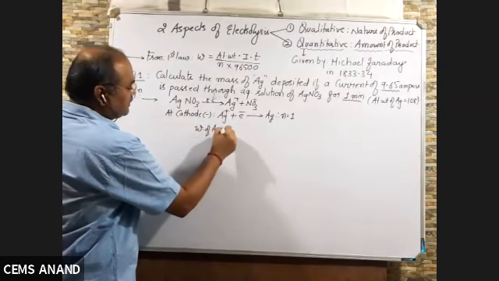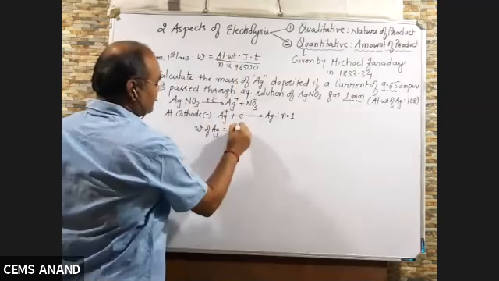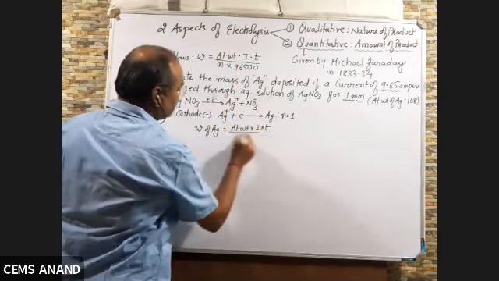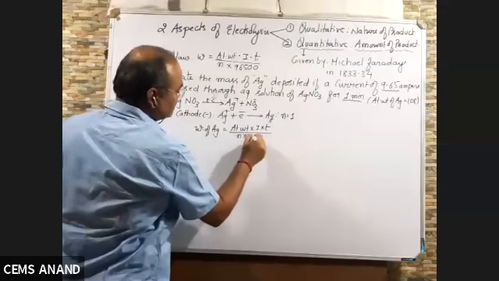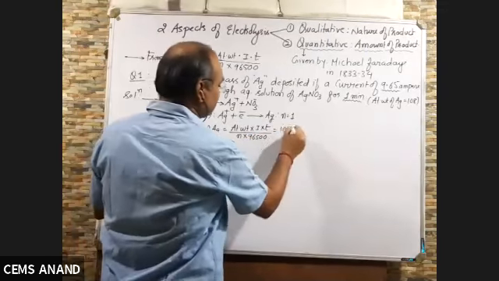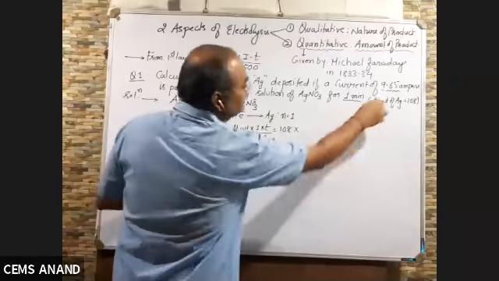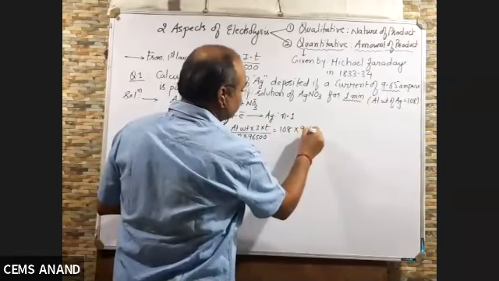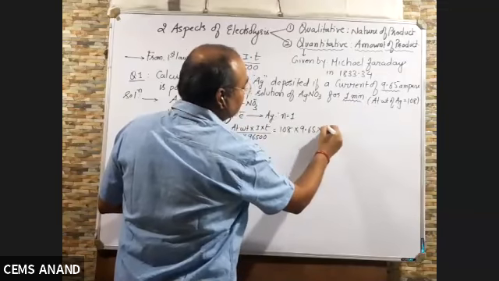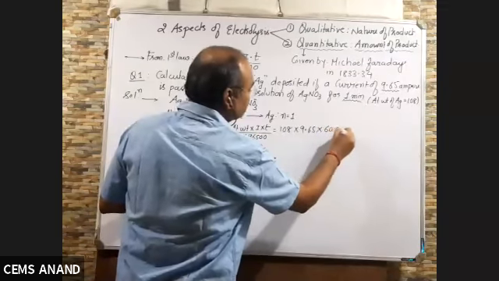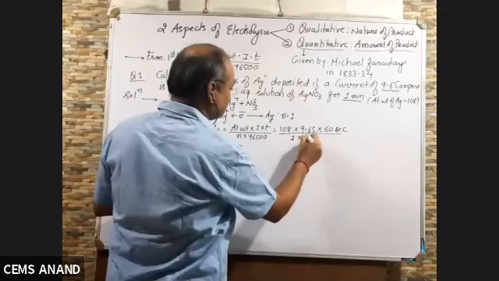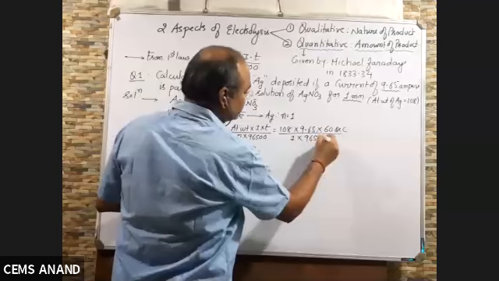Weight of Ag is equal to atomic weight into I into T divided by N into 96500. Put the values: this is 108, I is 9.65 ampere, T is 1 minute, which is 60 seconds, divided by N, the number of electrons transferred, which is 1, into 96500 coulomb.